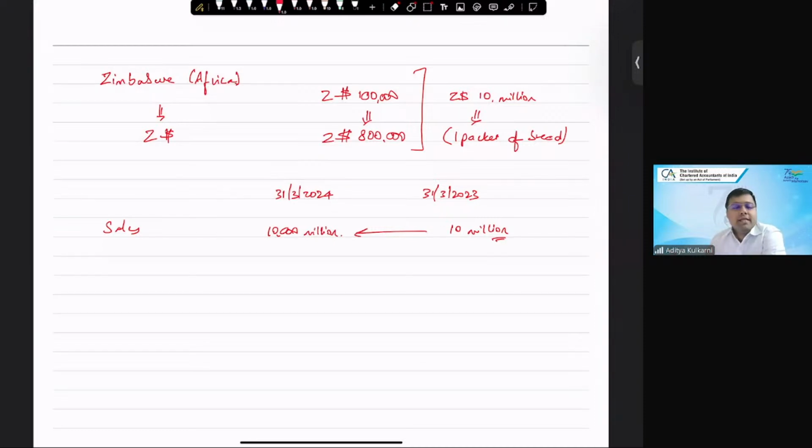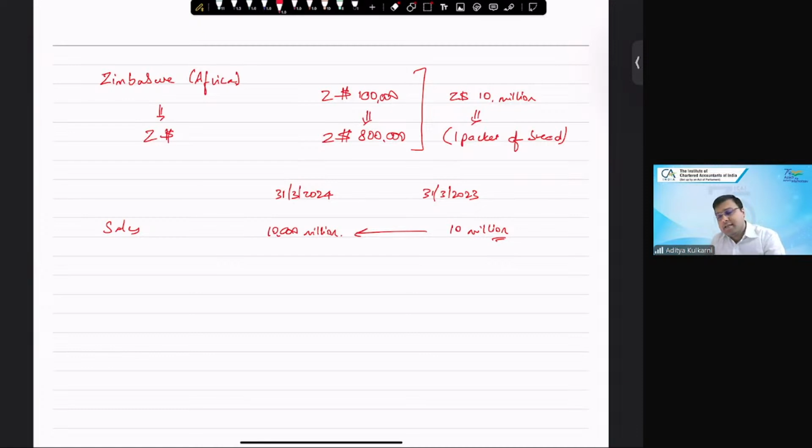So this we call a hyperinflationary economy. If I present these financial statements to my board, they will say what a wonderful performance, but is it your performance? The country in which you are operating, that country's economic stability itself is in question, and therefore this is meaningless financial reporting. So we have a different standard, Ind AS 29, that deals with reporting in hyperinflationary economies, where you change the base of your reporting.